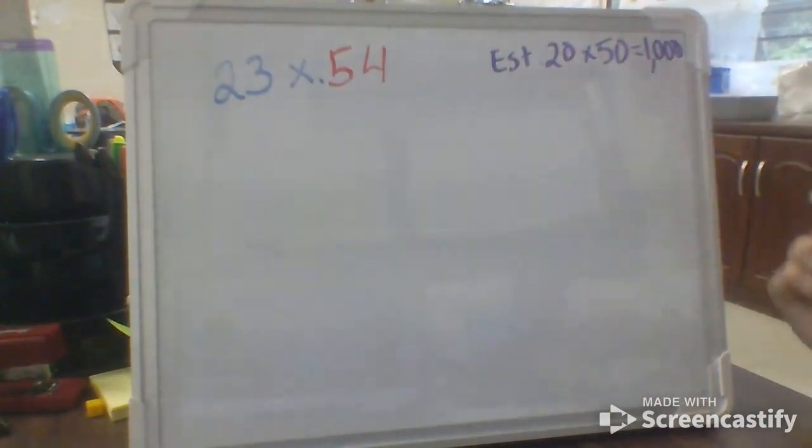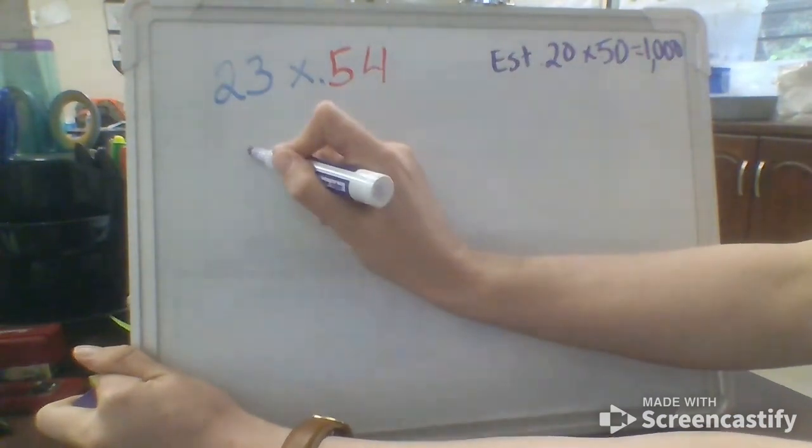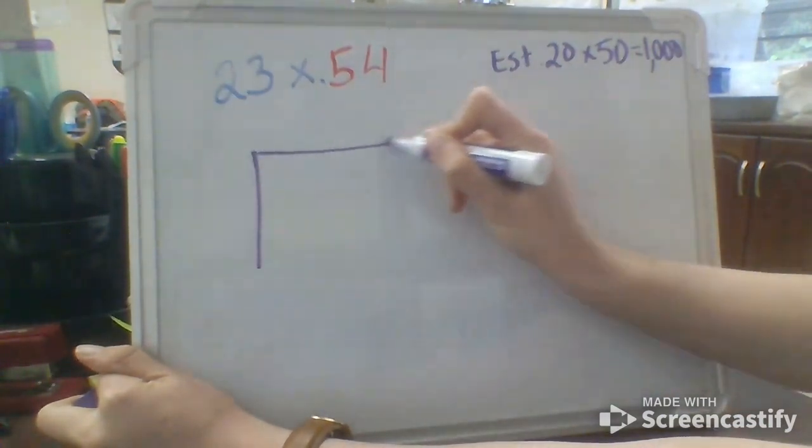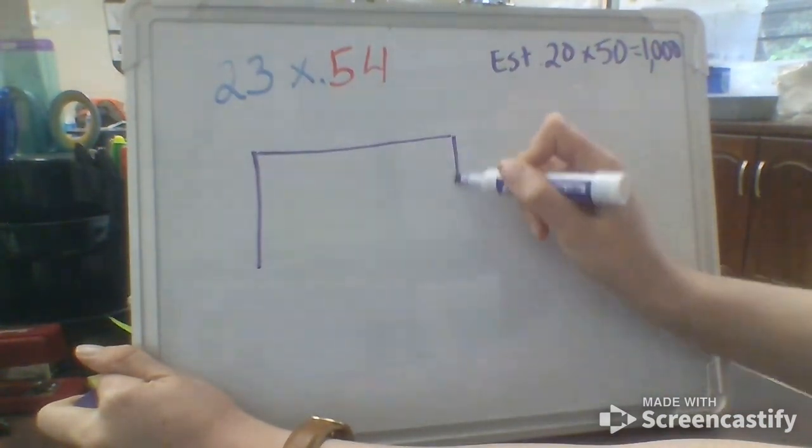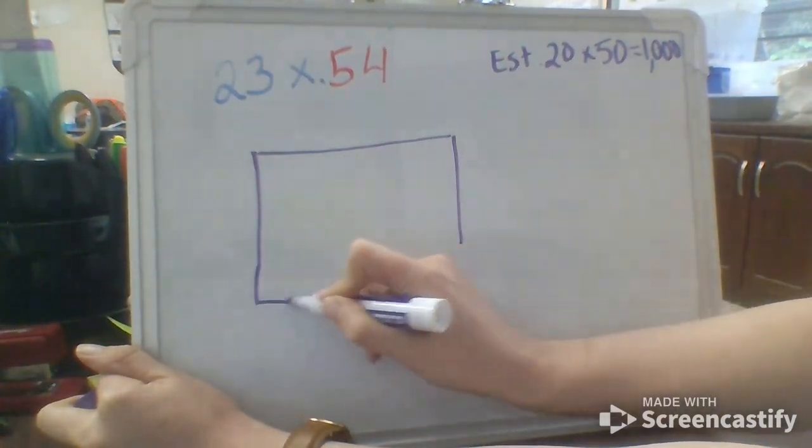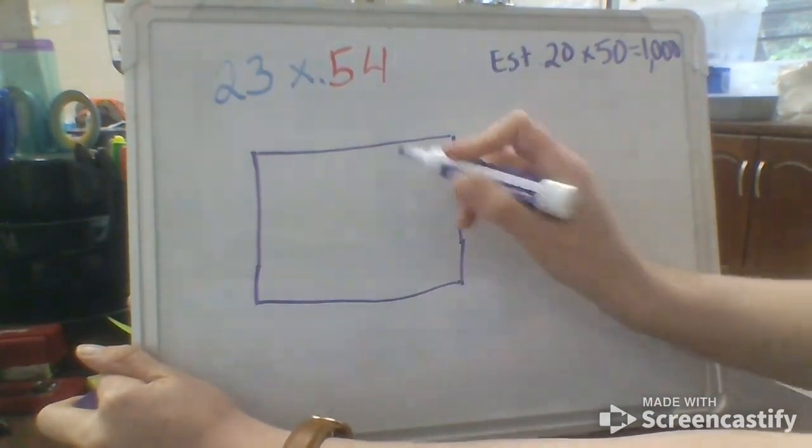Okay, now if I'm using the area model, if I'm using boxes, I need to break up both of the numbers this time, right? So it's going to look a little bit more like a square, just so that I have room for all of those.